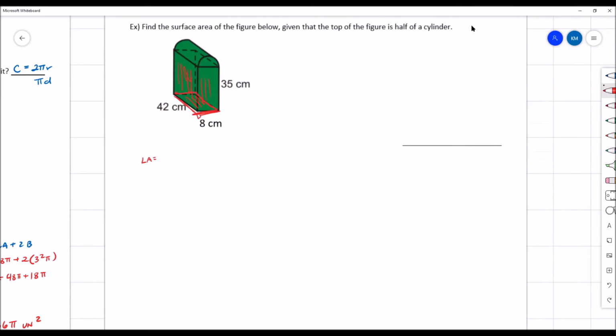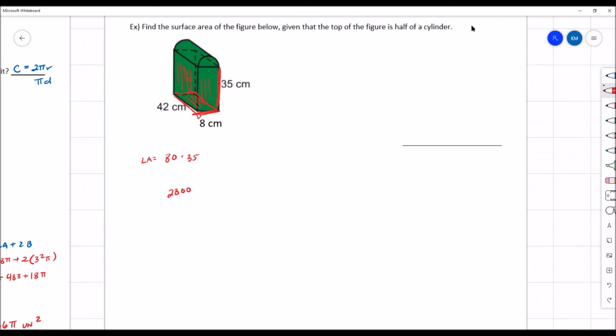Perimeter of the base, 84 plus 16 gives me 90. Nope, it's 80. Times the height of the prism, which is 35. So 80 times 35 gives me 2,800.